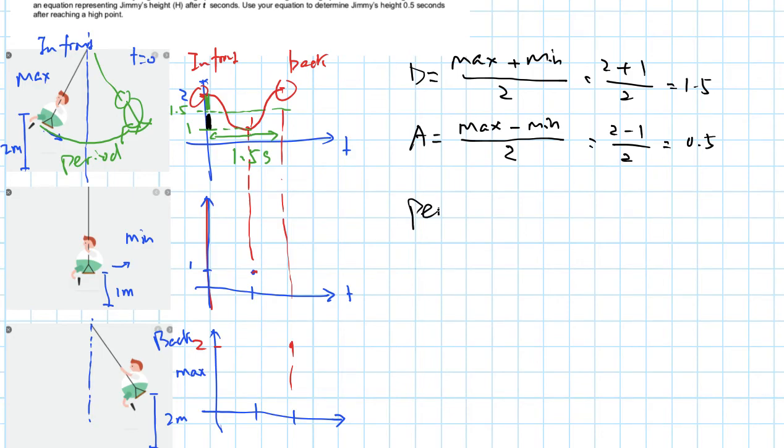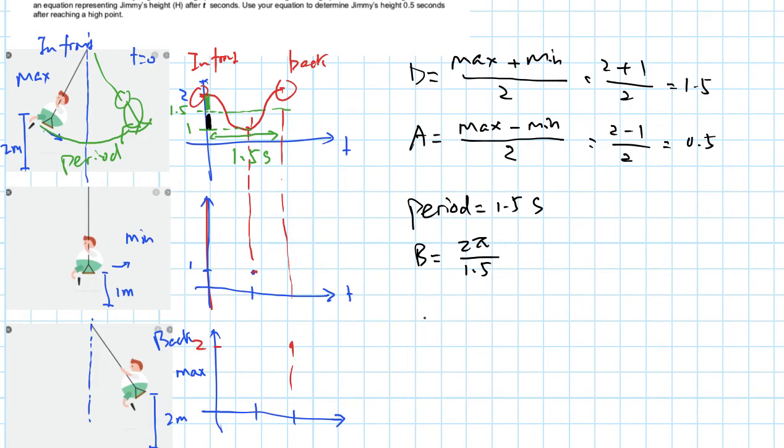We just discussed that the period in this case is 1.5 seconds. Therefore, B should equal 2 pi divided by the period, which is 1.5. You can leave it as it is.